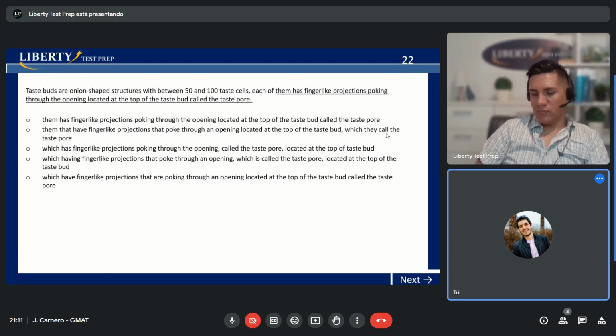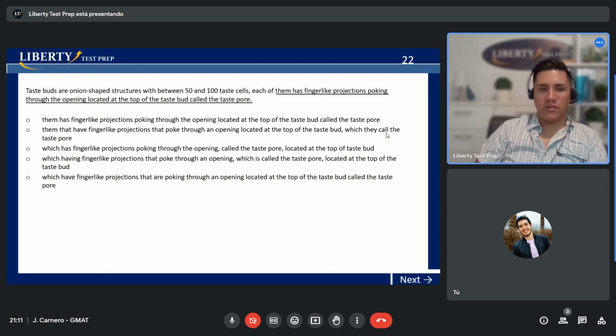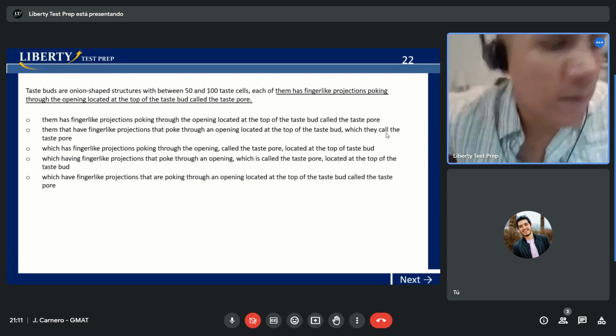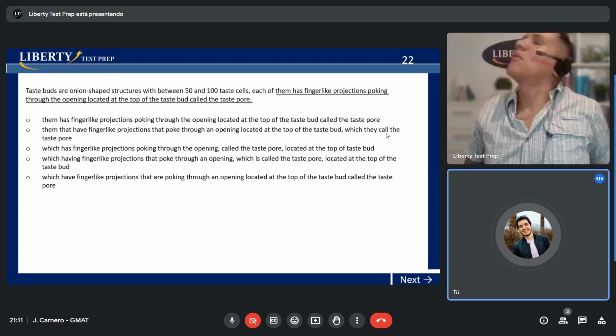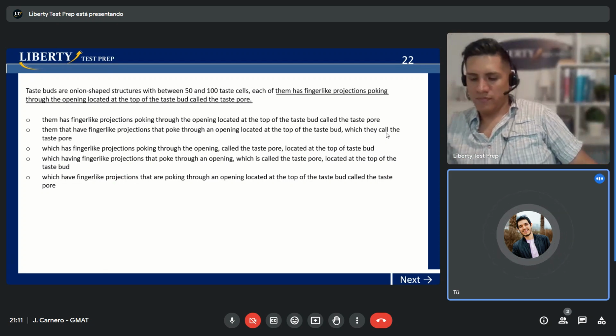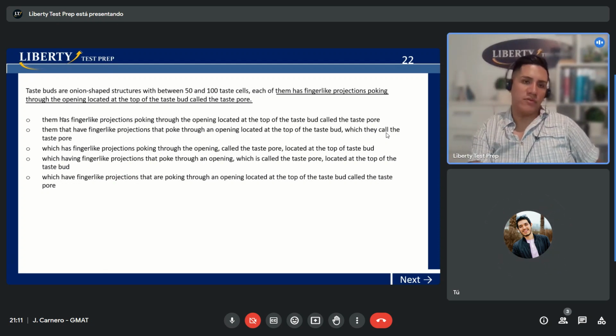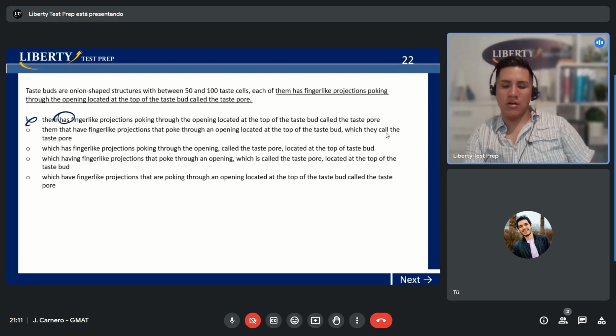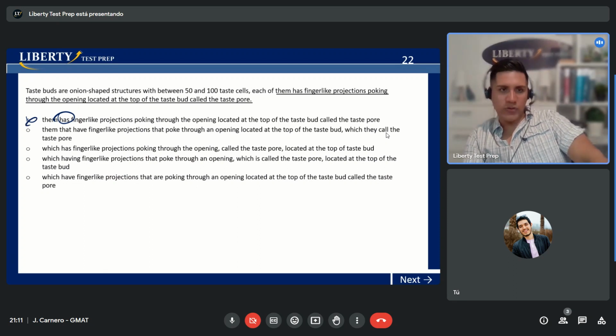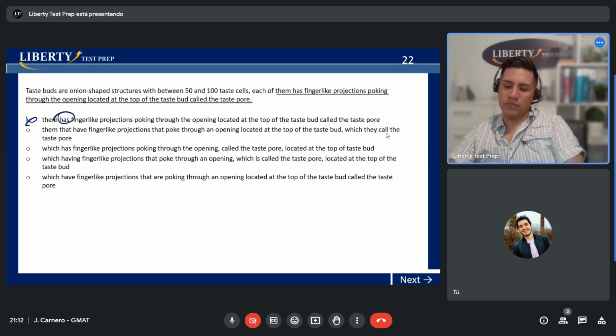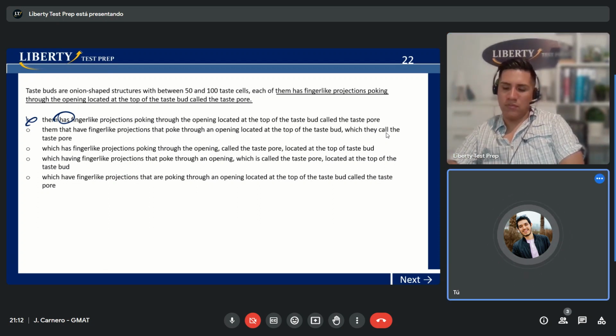So it could be letter C. Let's see why the other ones are wrong. In each of them, there could be a verb. "That has" is wrong because it's a different format, right? The verb goes in the first format, not in the second. Is "that have" acting like a verb?